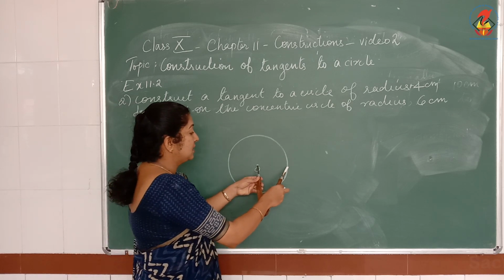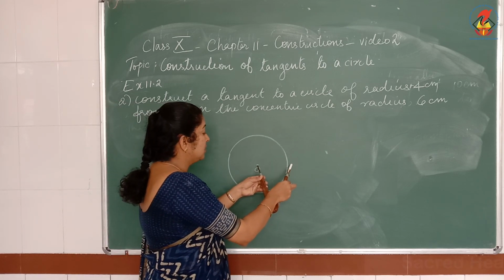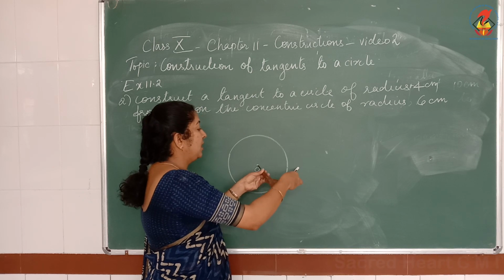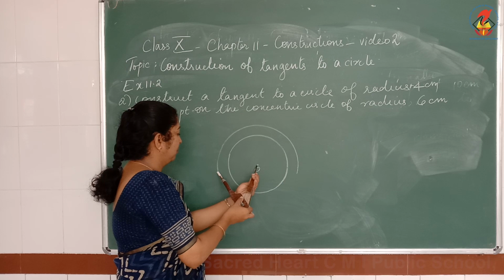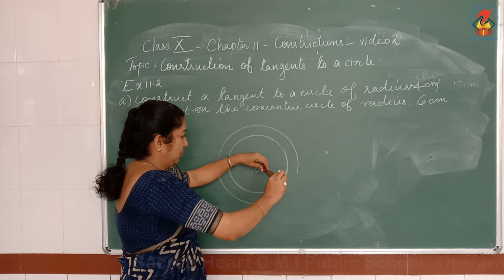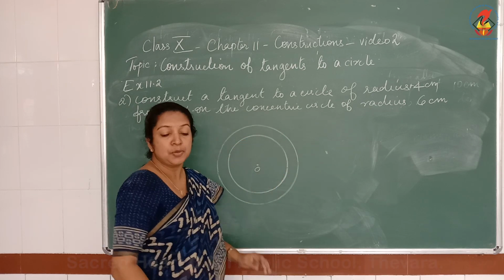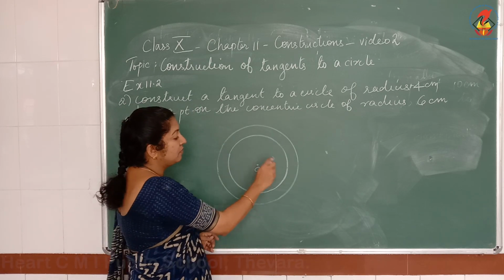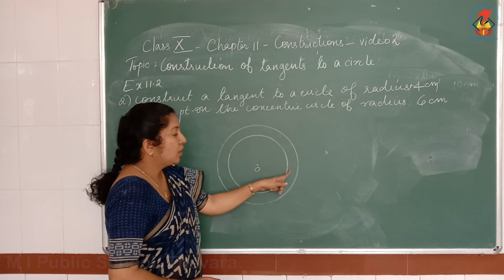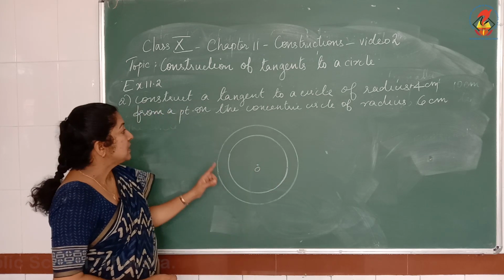This I have taken as 4. We need a concentric circle of radius 6 centimeter. What do you mean by concentric circles? Circles with the same center. So we have drawn a concentric circle of radius 6 centimeter.